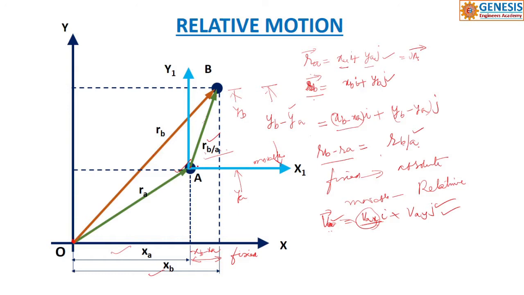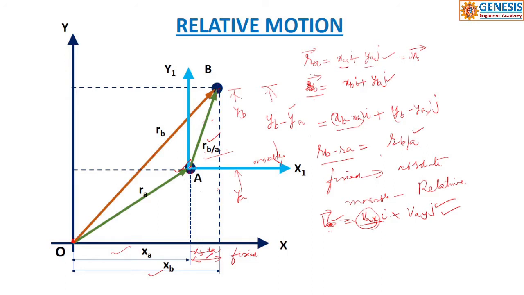You are at a distance, from the fixed axis, at this point. From A, this is the distance of that one. That means XB minus XA gives us the distance of point B with respect to A. That is why we say the position of B with respect to A has this X component and this Y component.